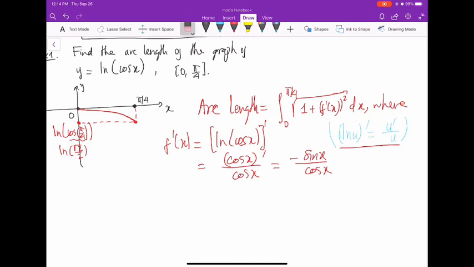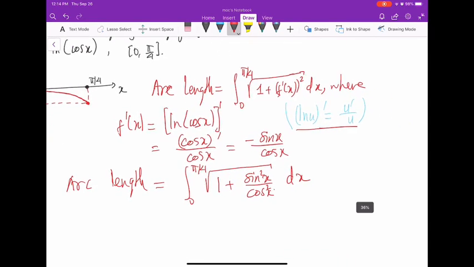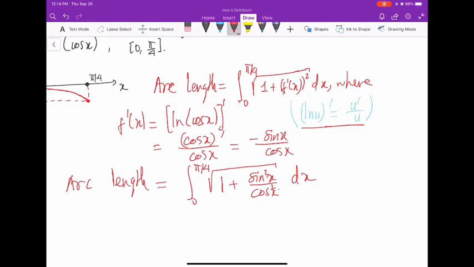Now I just substitute this into the formula. So the arc length is equal to the integral from 0 to pi over 4 of the square root of 1 plus sine square of x over cosine square of x dx. The derivative has a negative in here, right?